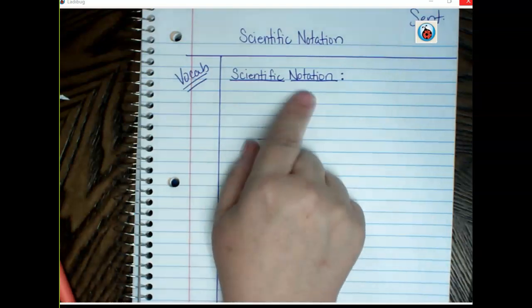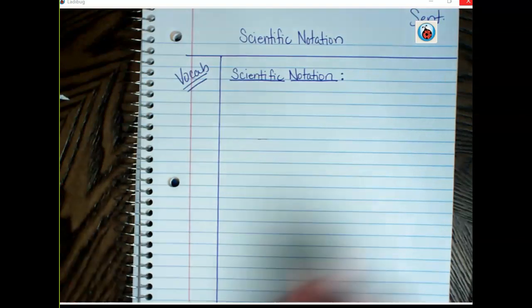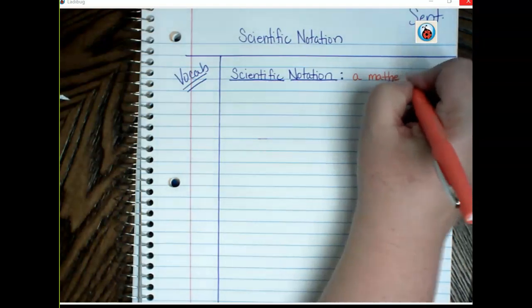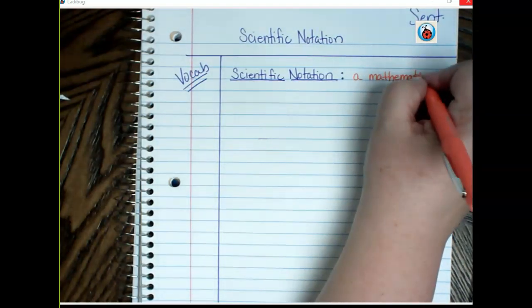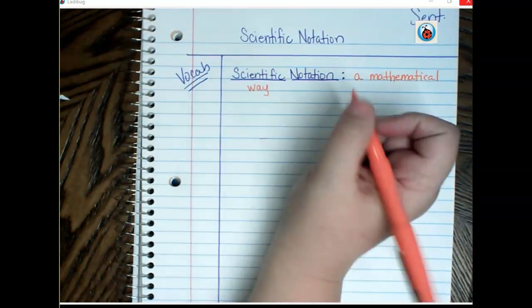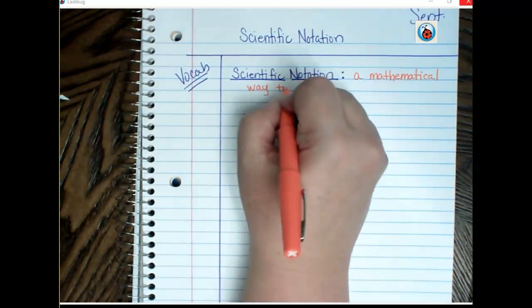Scientific notation is a fancy way, or a mathematical way, to write really big or really small numbers.